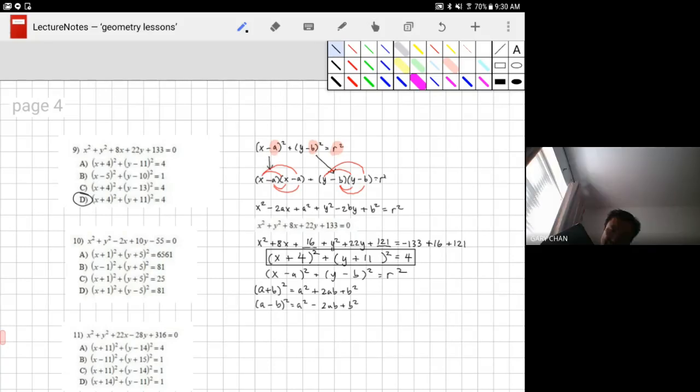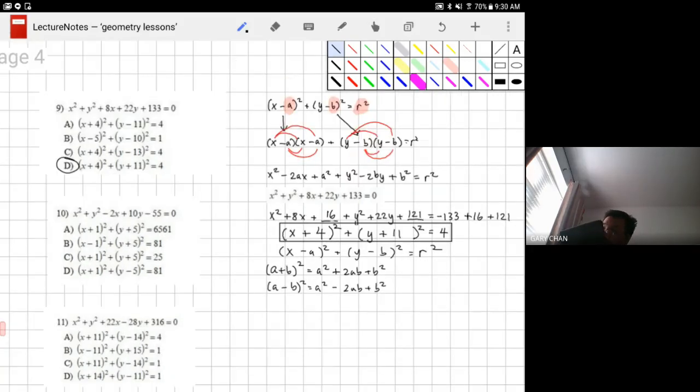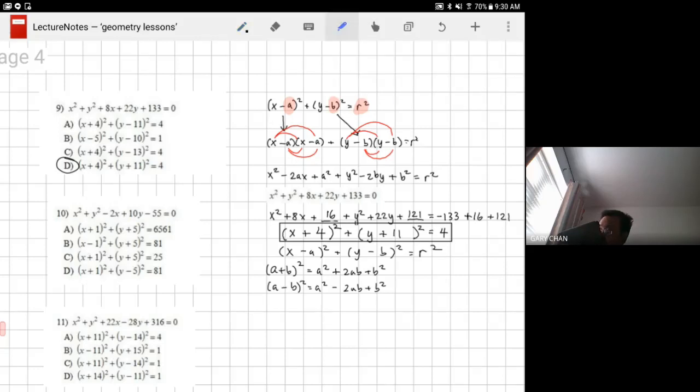I've seen it a lot of times on multiple choice, rarely on a free response, and the reason is the algebra here is fairly intensive. But anyway, that's the problem. Let's take a look at the next one.